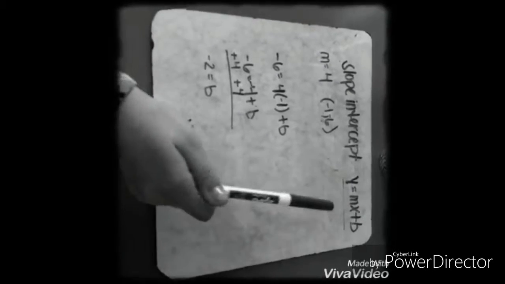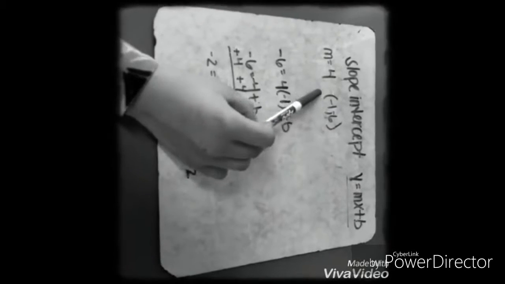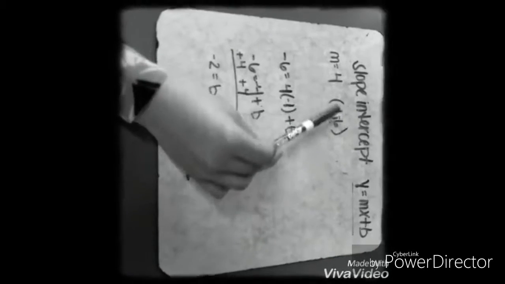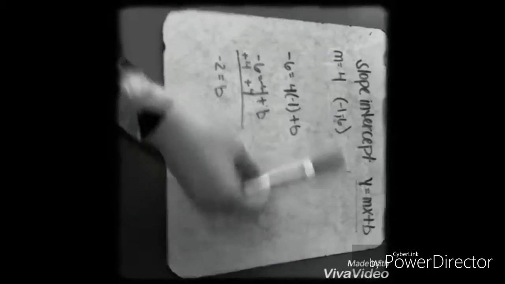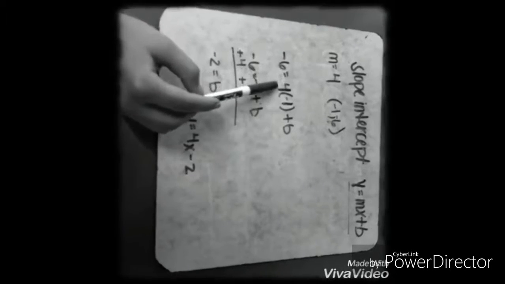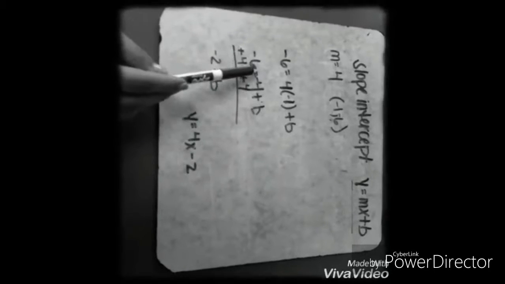Let's find the equation of the line that has the slope of 4 and passes through the point (-1, -6). We have our m, our x, and our y, and the only thing we're missing is our b. So let's plug these in to figure out what b is. We would put in -6 equals 4 times -1 plus b. And when we solve that, we get -6 equals -4 plus b.